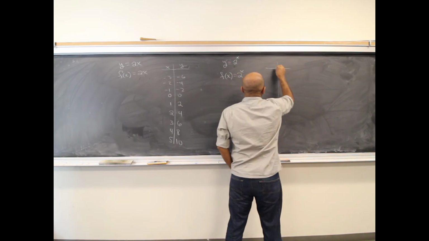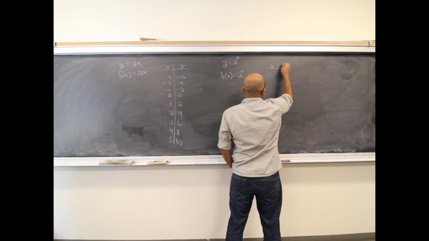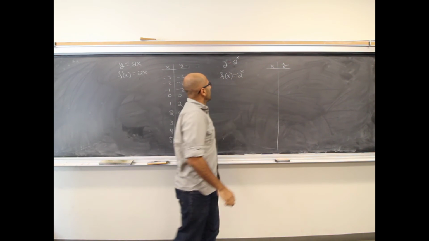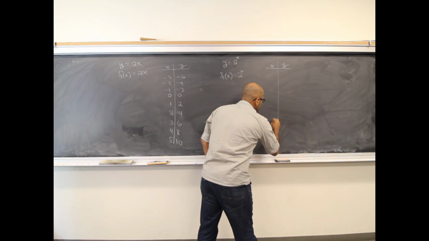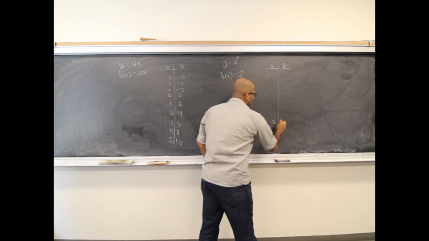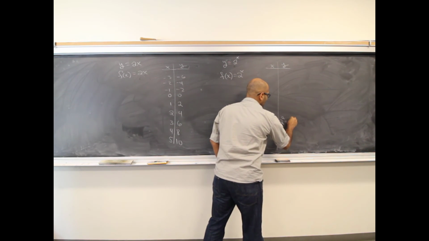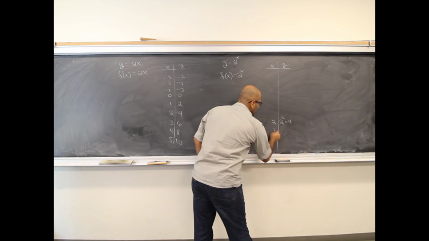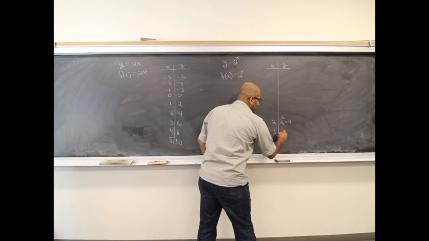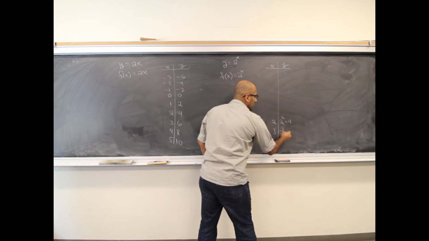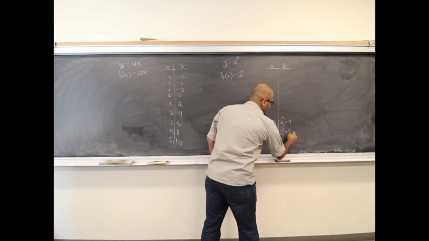And as far as a little table with some examples, going back to x and y, if we typed in, let's say, 2 in there, we end up with 2 to the second power, which is 4. And if we typed in a 3, we would get 2 to the third power, which is 8.